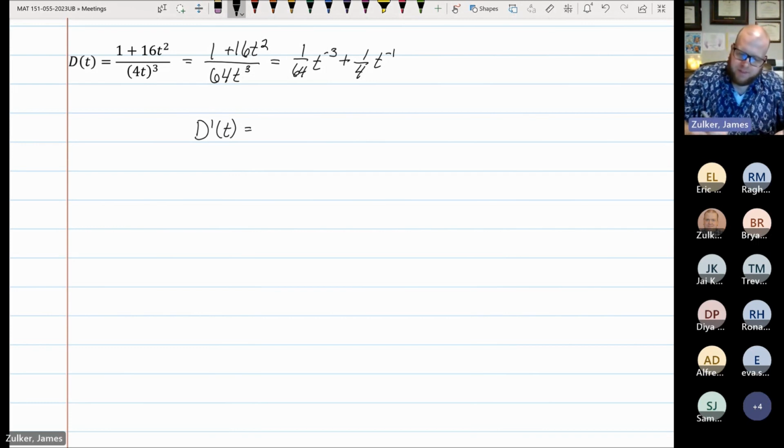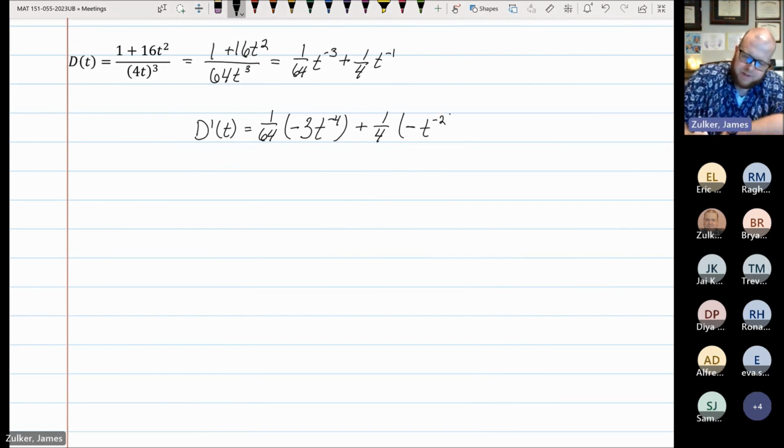Right, d prime, 1/64 times the derivative of t to the minus 3. Then plus 1/4 times the derivative of t to the minus 1. And now simplify.